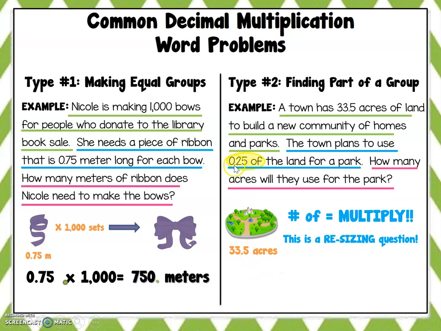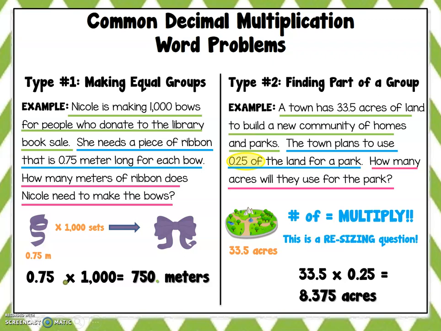We're going to resize and only take 0 and 25 hundredths of that land. So I can set up a multiplication problem where I take 0 and 25 hundredths times the 33 and 5/10. When I do my multiplication, that tells me that I'll be using 8 and 375 thousandths acres for the park.